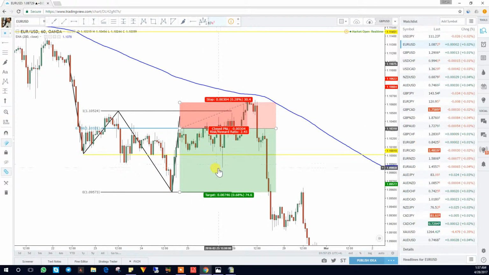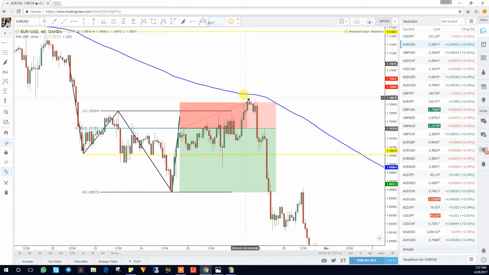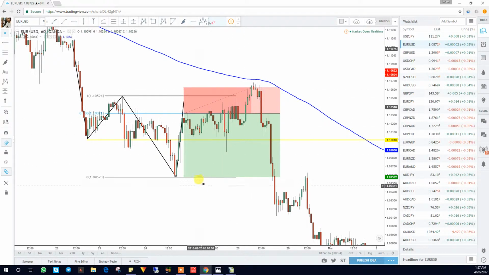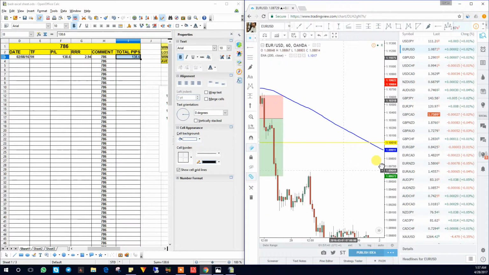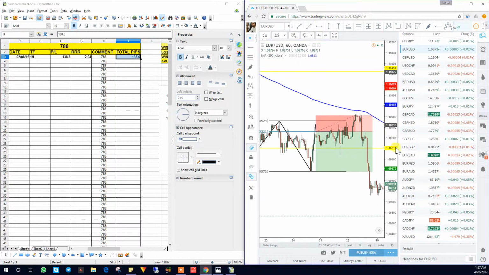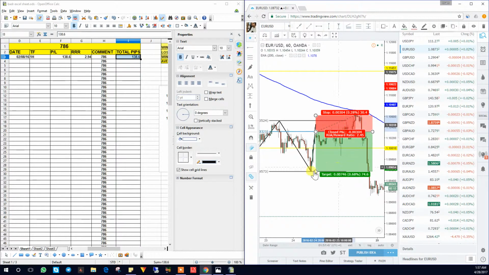The market went in my favor till here, almost done, and then it went up against me, and this is a losing trade. I'm gonna show you how to copy the data of a losing trade right now. All right, let me make it smaller. I'm gonna click here. So this is a losing trade.